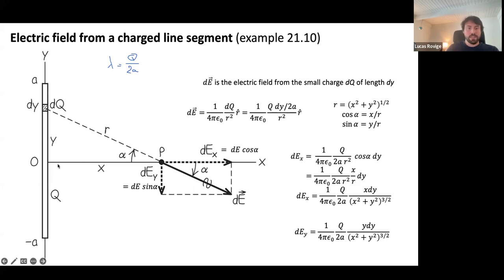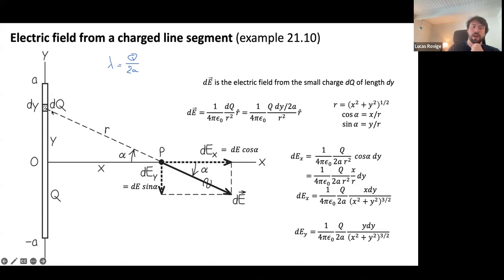So now we want to get the electric field at any position along the x-axis, at the center of this segment. So let's place a point P at a distance x from this line. Then we consider a small charge element from the segment, represented here.